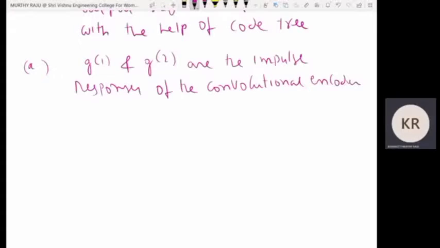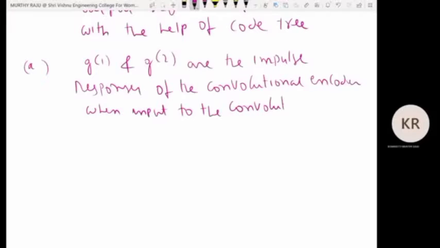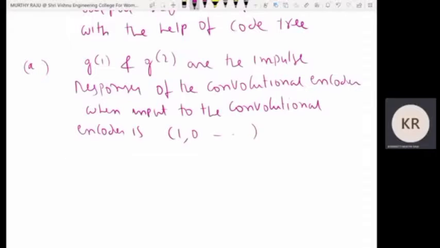Already G of 1 and G of 2 are given. G of 1 is equal to 1, 0, 1.